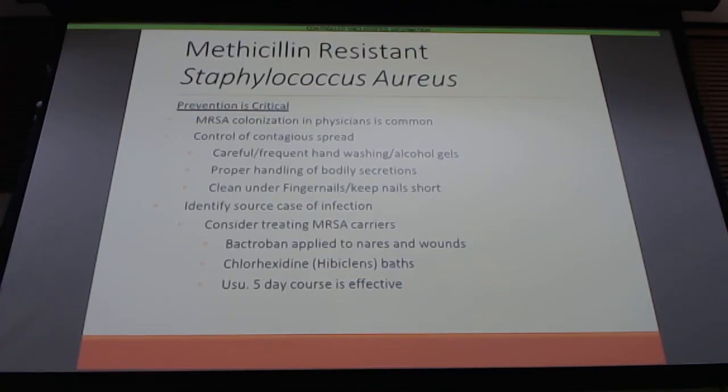So you can also give them some Bactroban or mupirocin and have them put it in their nostrils. That'll kind of kill it. Things to tell folks, hey, don't share towels, don't share washcloths, don't share razors, and don't share clothing. Folks that have it can spread it to other folks, especially if you have breaks in the skin.